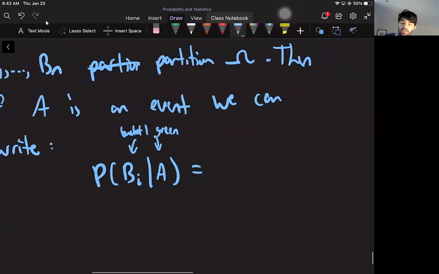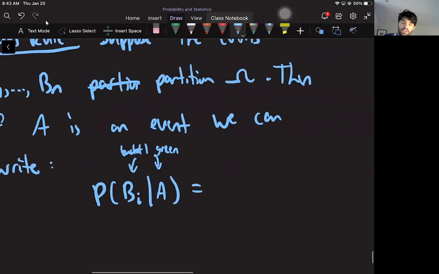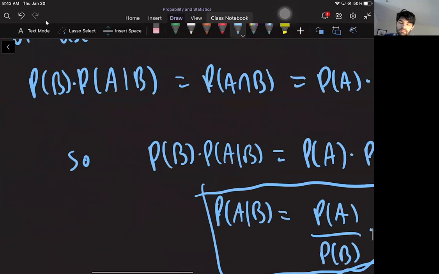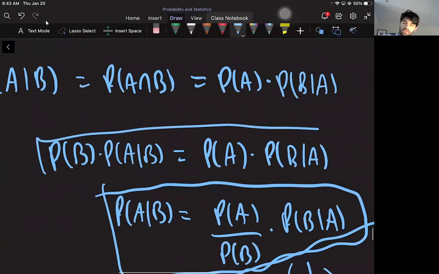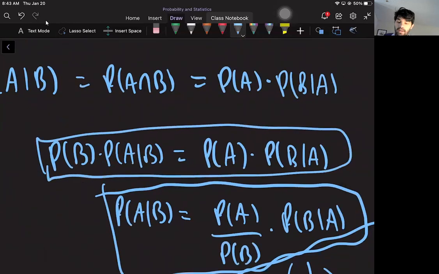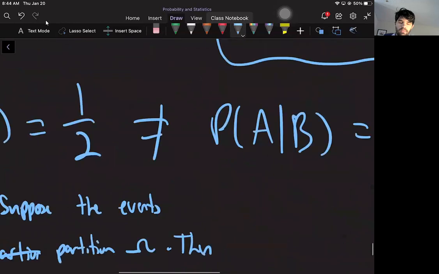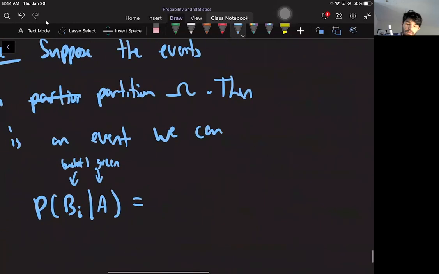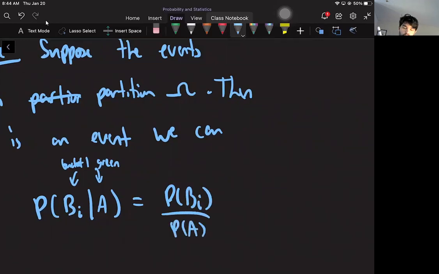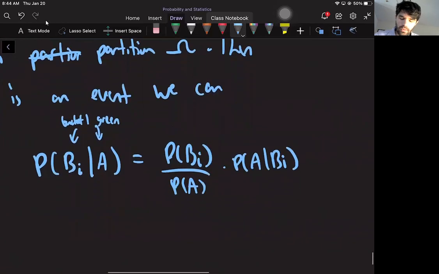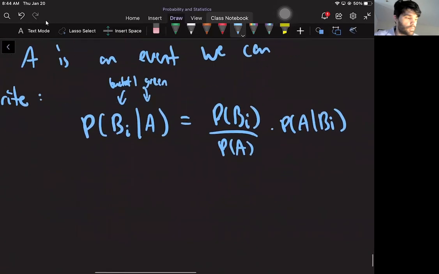Okay, and that's equal to, so this just comes from doing this trick up here. It's just this formula, but with Bi instead of B. So all you do is relate them both to the intersection and then divide by one of them, and you get this. Okay, so that is what we just used in the previous example.